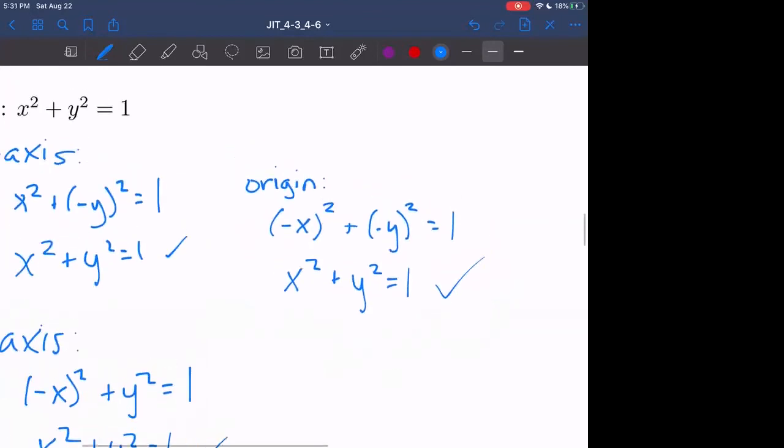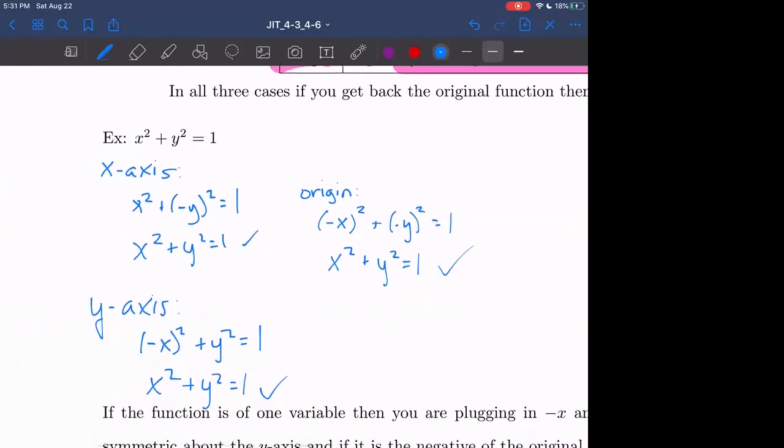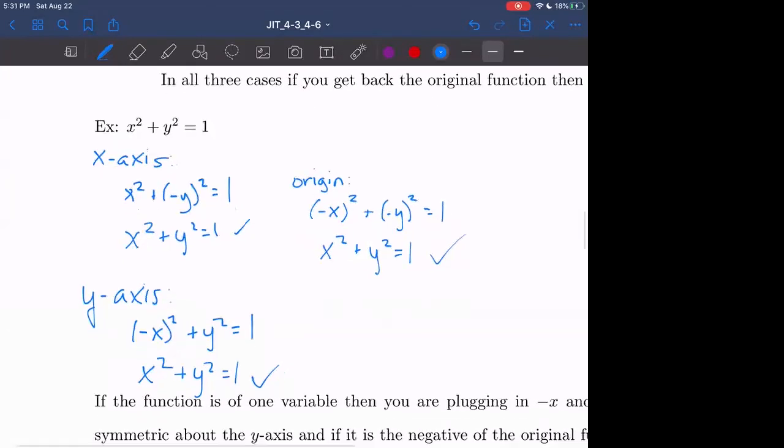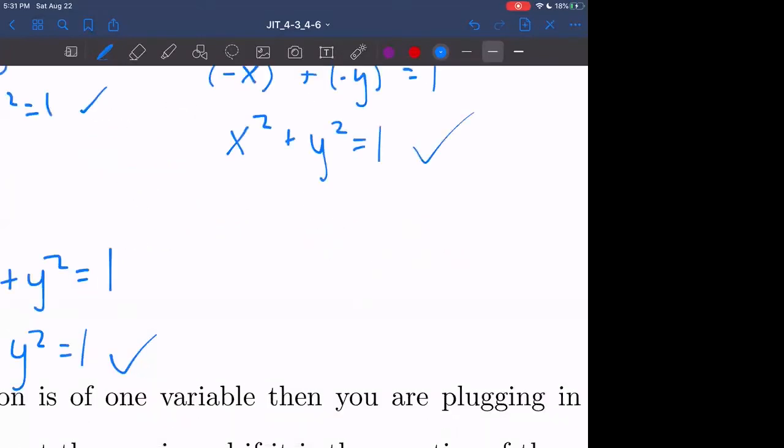Okay, so the function x squared plus y squared equals 1 is symmetric about the x-axis, the y-axis, and the origin. This function is actually a circle. Okay, this is as close as I can get to a circle, but you can see why that would be symmetric about all three.